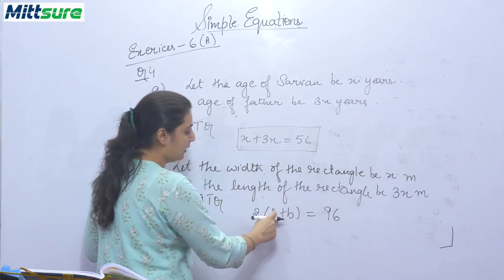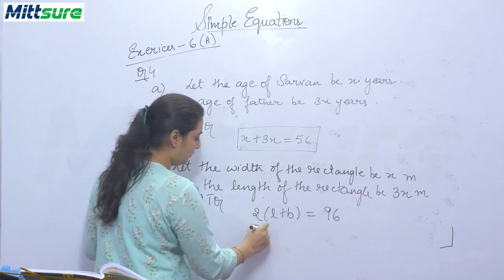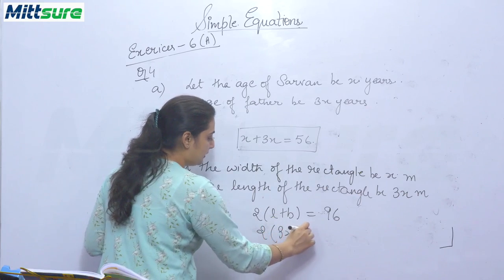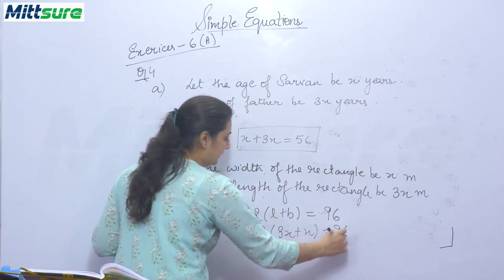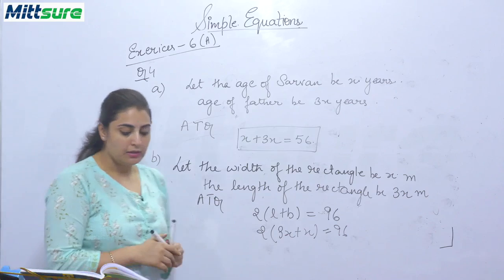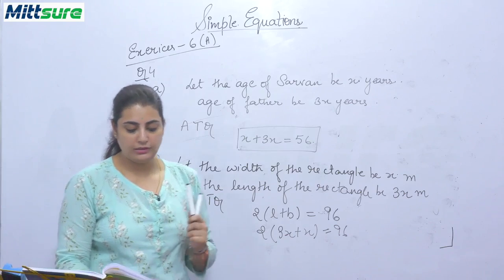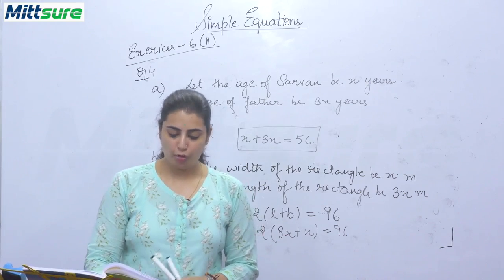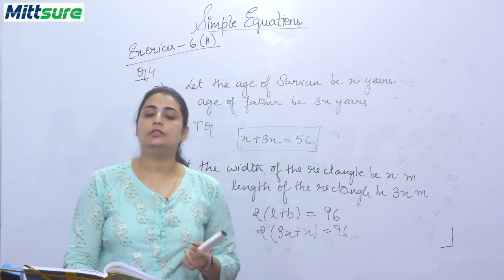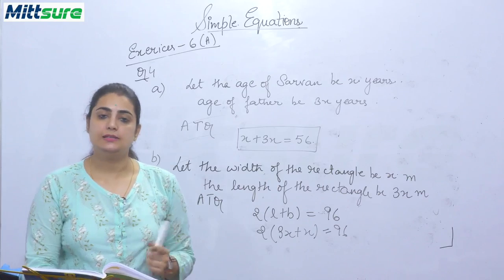Now we will place the value of length and breadth here. So 3x plus x is equal to 96. Now this is the equation for the given statement. So this is how you can find the equations for C and D part also. Now we will continue with the further topics in the next session.